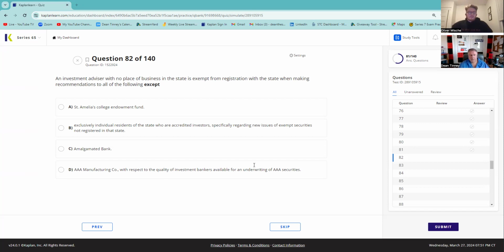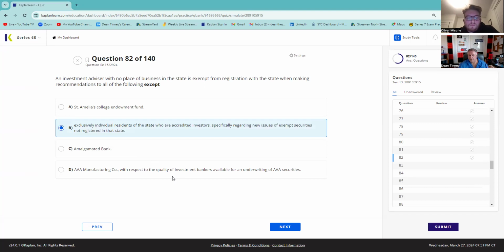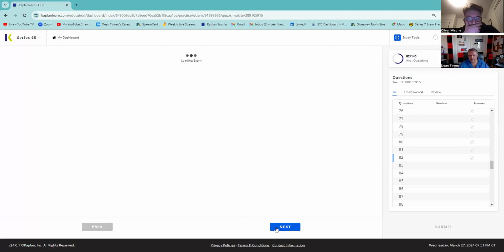Yeah, you're correct. Look, pay attention here. There is no such thing as accredited investor as it relates to the Uniform Securities Act, period, full stop. If I'm a doctor with $5 million, I'm a retail investor in the Uniform Securities Act. The only thing accredited investor means is you can accept an invitation to a private placement, period, full stop. That's all that means. So good job.